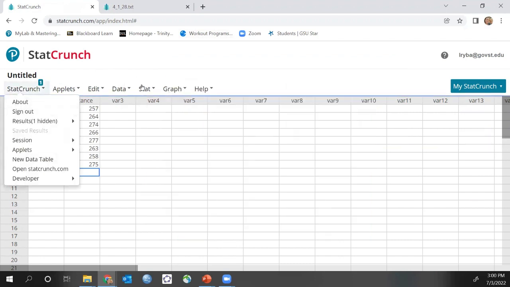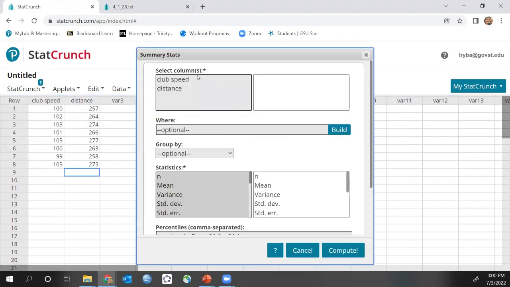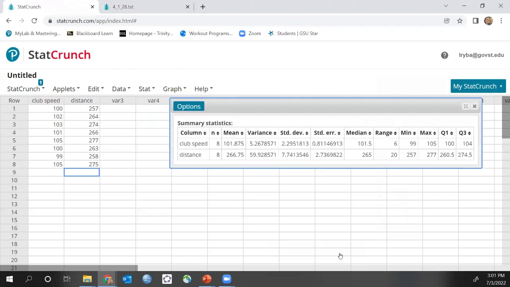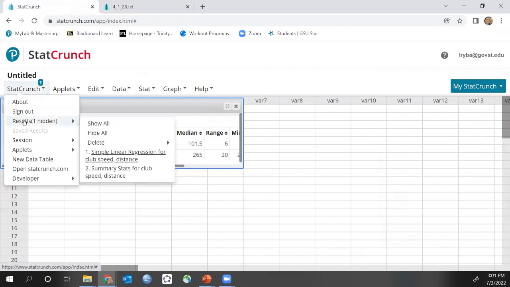So in StatCrunch, I go to Stat, Summary Stats, Columns. I need both of them, so I shift-click to select more than one, and click Compute. I need the means and the standard deviations. I know the next slide shows how to do it all out, but I'm going to work it through with you. Oh shoot, we also need the R value.